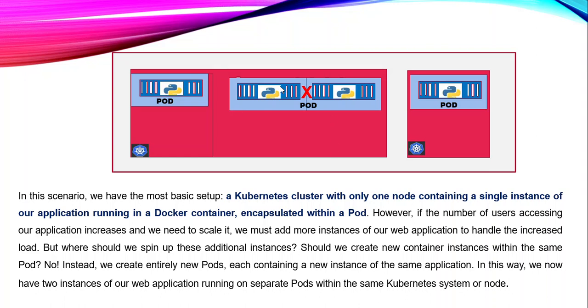It is not recommended that you run two containers inside the same pod. So what you need to do to scale that application is to deploy another pod. This is not recommended, but there is a case where we have multi-container pods.